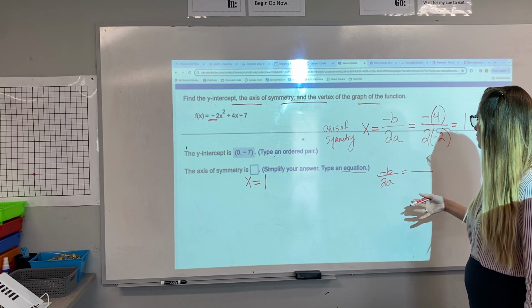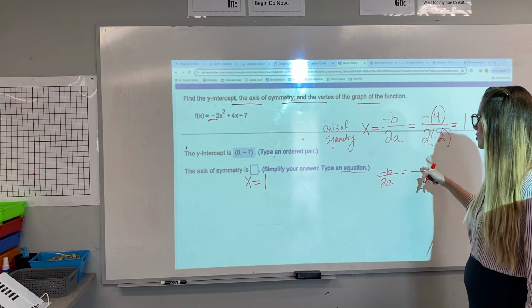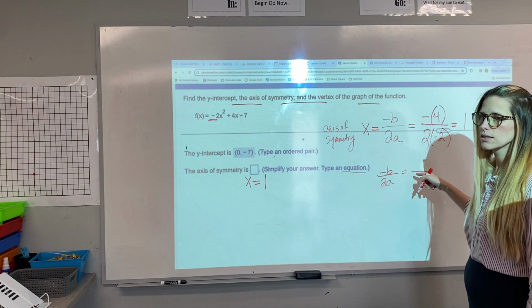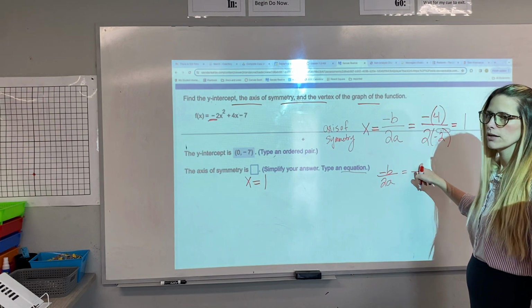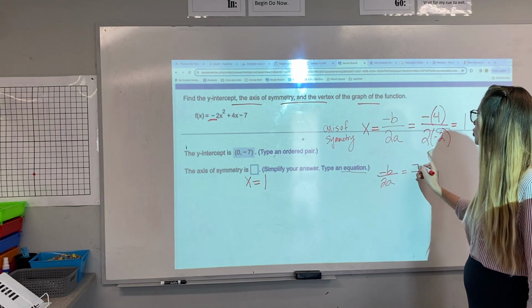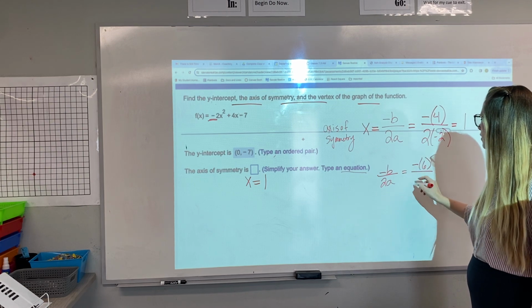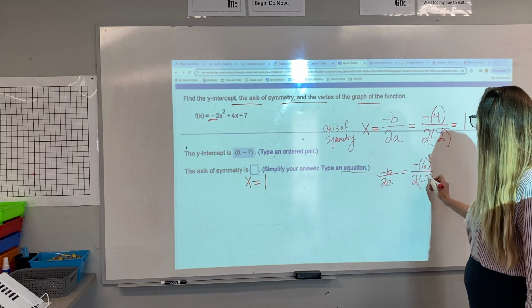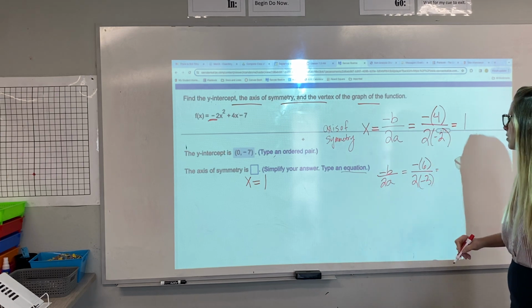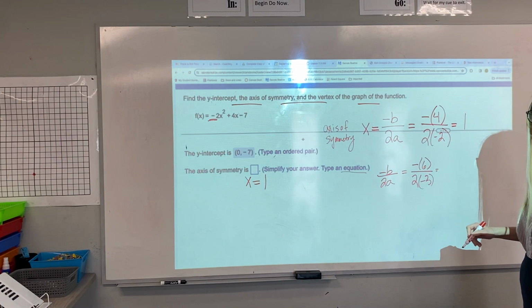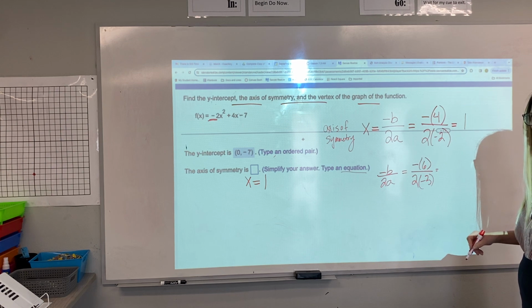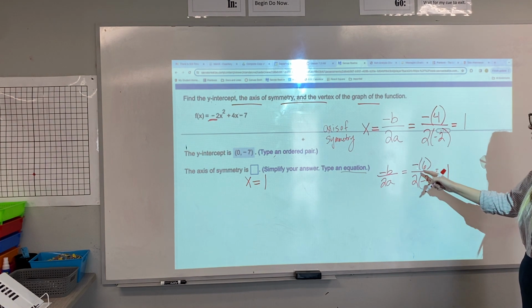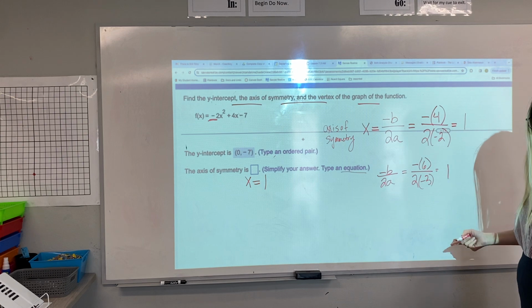So is your b value +6? Okay, so what did you put up here? Negative -6. Good. And what's your a value? -3. -3? Okay. So what is it? 1. Yes. Because you have -6 over -6, that equals 1.